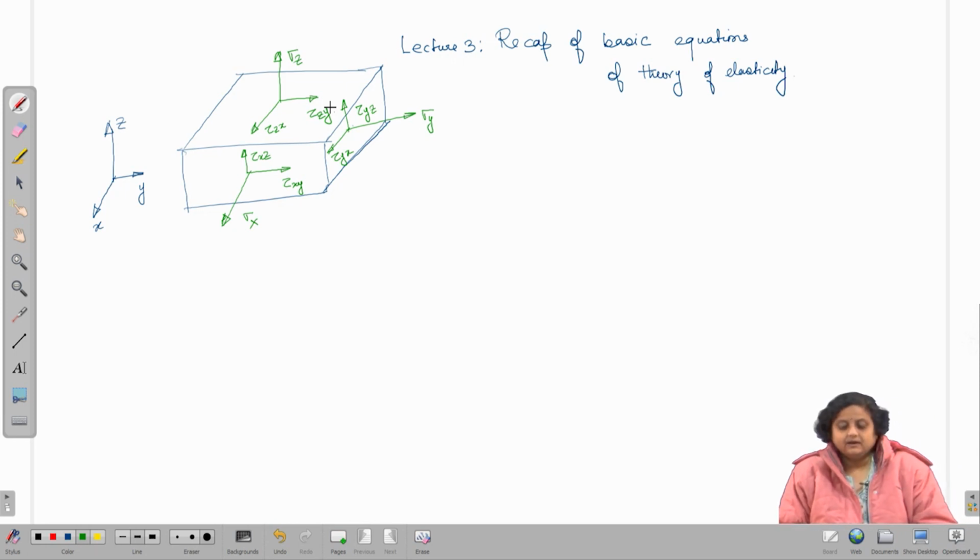So, these are the 6 stress components that we have for a generic 3D elastic body.